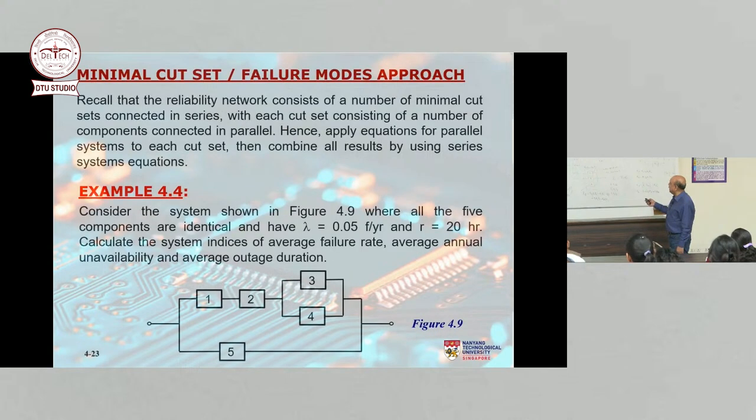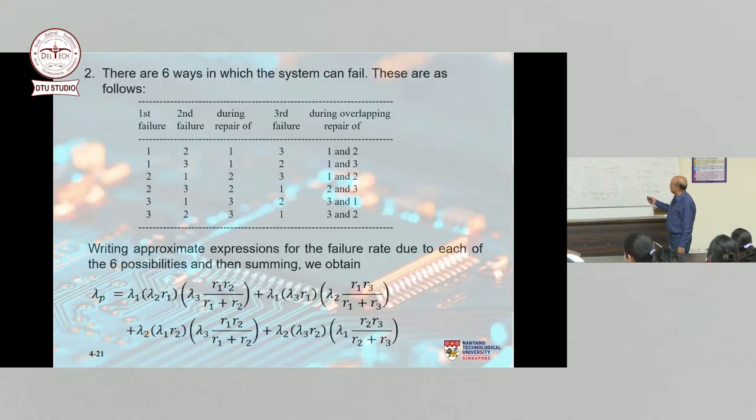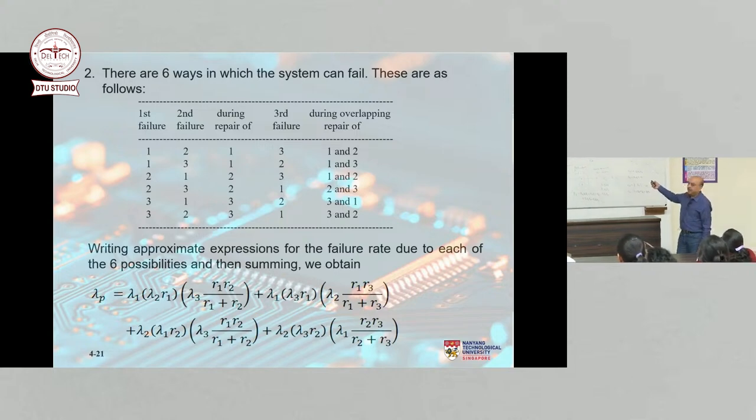Perhaps a simpler way is to look at this table. This table tells us how to actually write the equation more easily. So you look at the ways in which the system can fail. First failure, component 1. The second failure is component 2 when? During the repair of component 1.